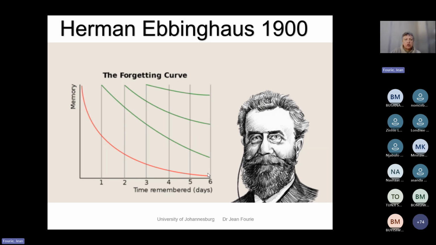So Hermann Ebbinghaus then said, how can we improve this remembering so that people will not forget so much information?